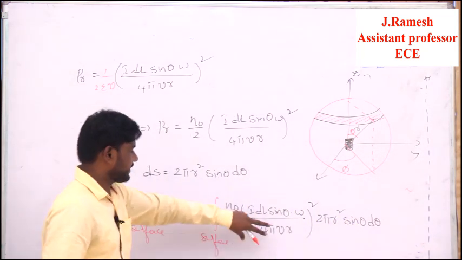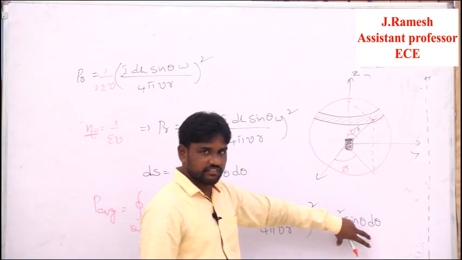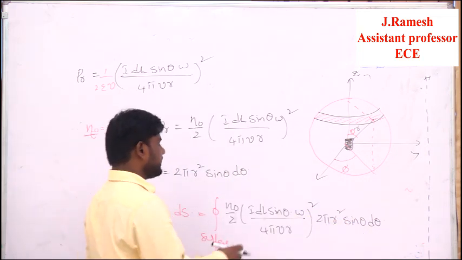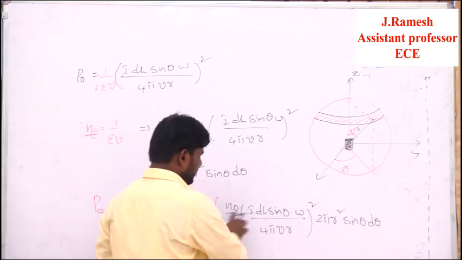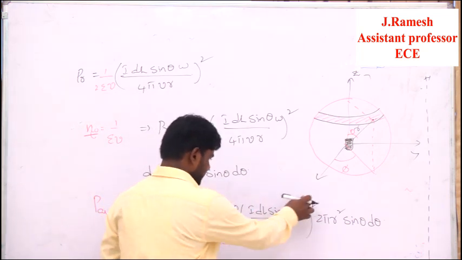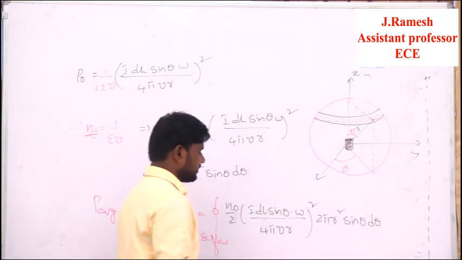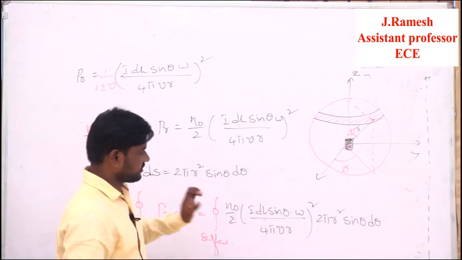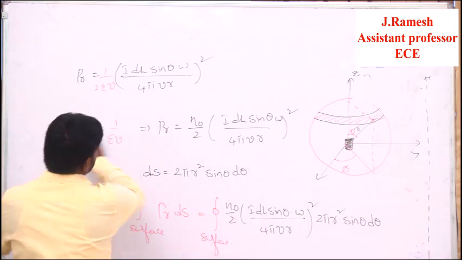So this is exactly PR, and this is exactly our ds. From this we can simplify and get only the theta terms. Here sin square theta and here sin theta, so only sin cube theta, and the remaining terms look like constants.